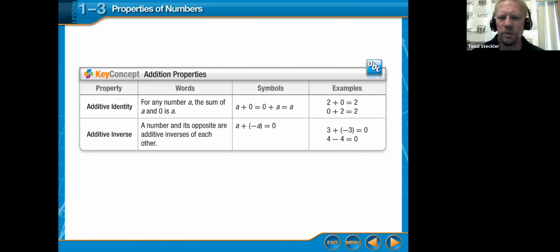And the same thing happens if you work with a number like negative 7. The opposite of negative 7 is 7. And if you take negative 7 plus 7, you get 0. So the additive inverse is called the opposite. And the additive identity is 0.